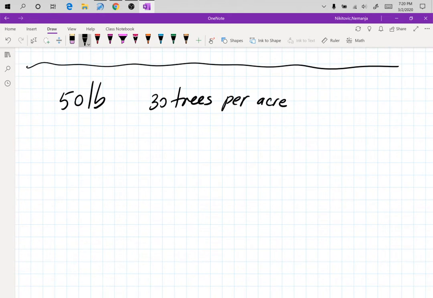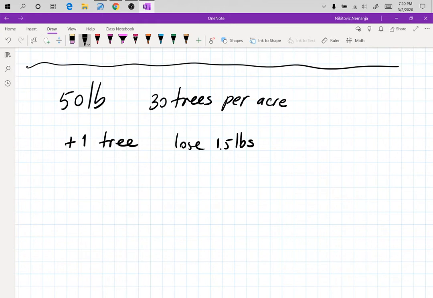For each additional tree, so plus 1 tree, we lose 1.5 pounds due to overcrowding. Figure out all of the equations.